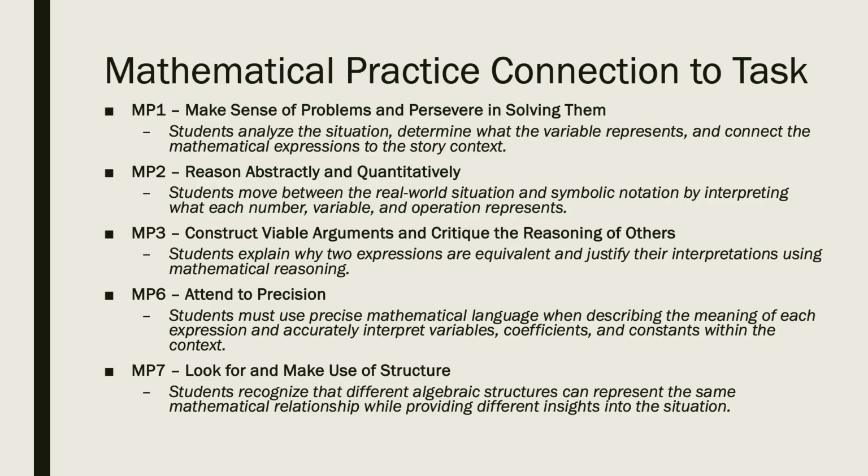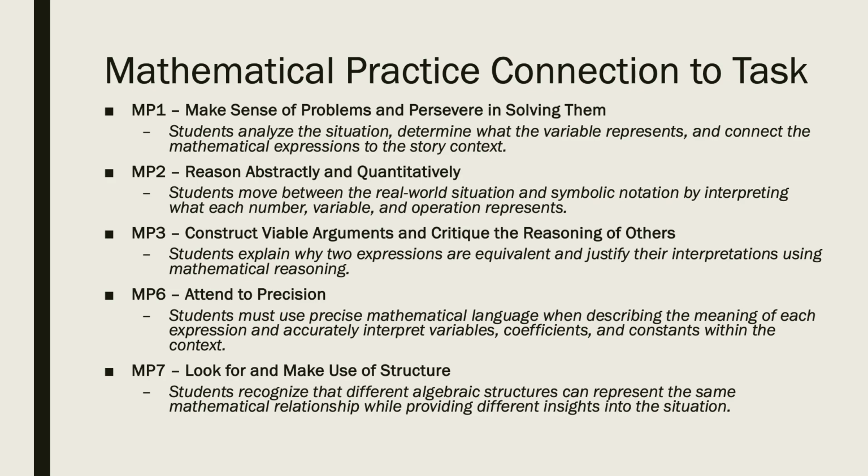Although this task supports several mathematical practice standards, the primary connection comes in with Mathematical Practice 7, Look for and Make Use of Structure. Illustrative Mathematics explains that students learn how equivalent expressions can reveal different information about the same situation.